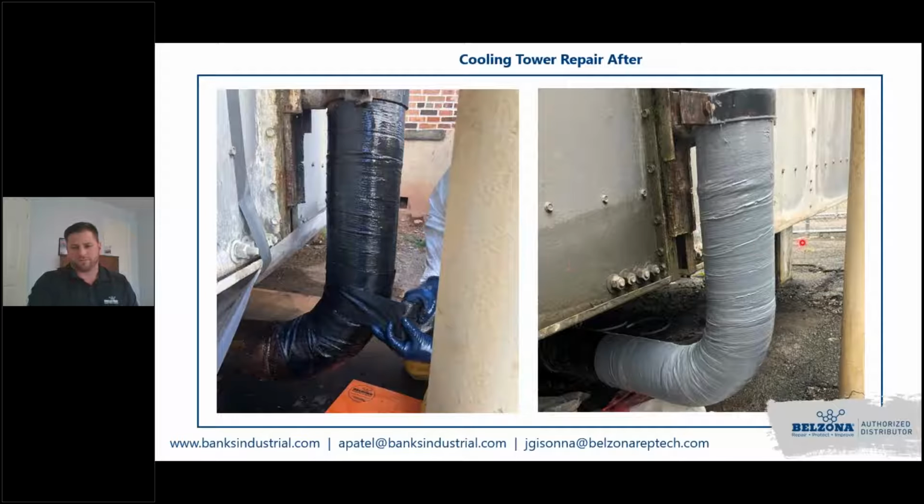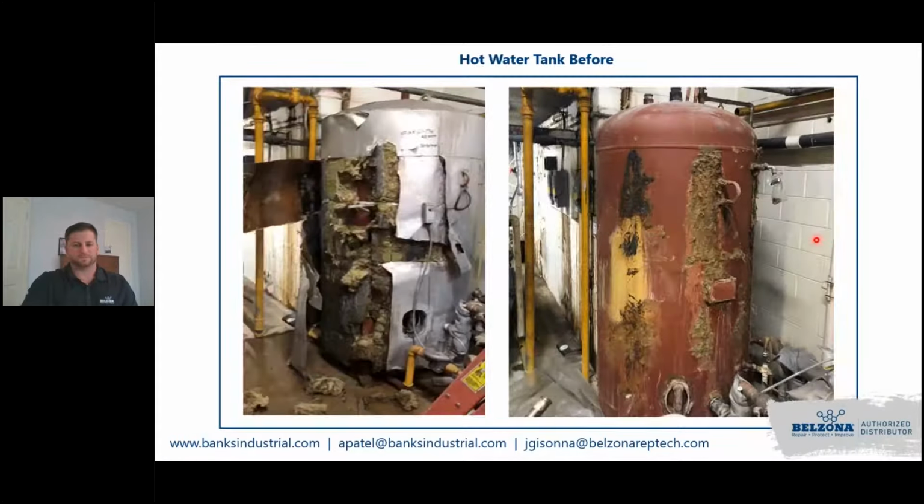And then further on from that, we went a step further and provided the customer with a UV stable barrier coating protection because we were pretty much unsure at that point when they would be able to get insulation back on the pipe. So again, another situation where Belzona 1000 series came into play, and we were able to keep the customer up and running, and the end result was a happy result.